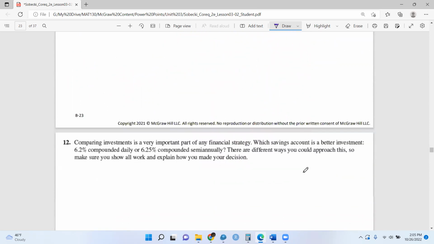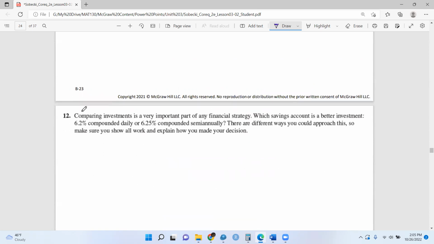Okay, so what's the point of this? Well, here, why don't you try this? Calculate the effective interest rate between these two things. So let me write down the information we've got. We've got 6.2% as the r, and n is 365. That's daily. So get me the effective rate for that.